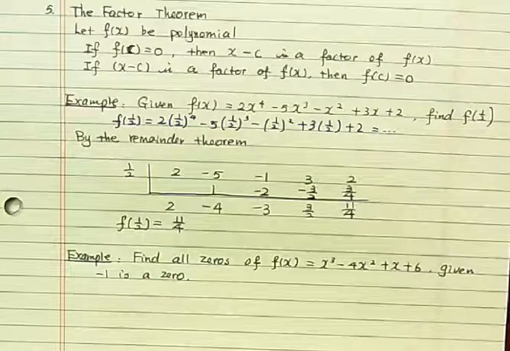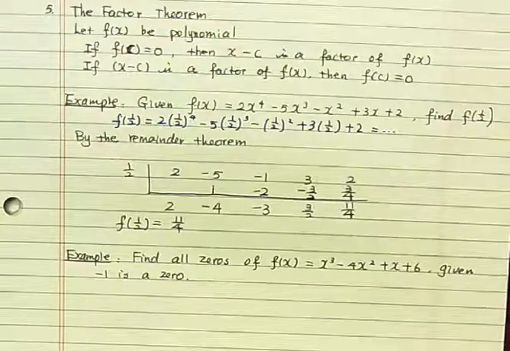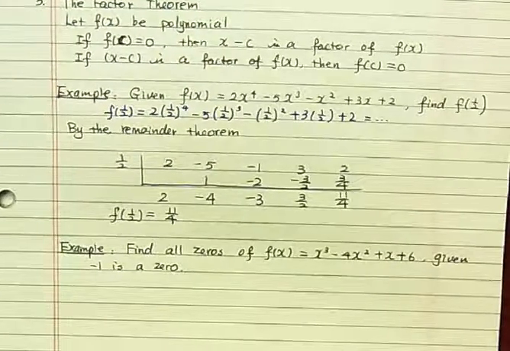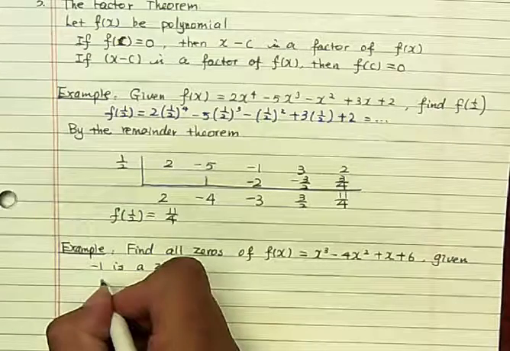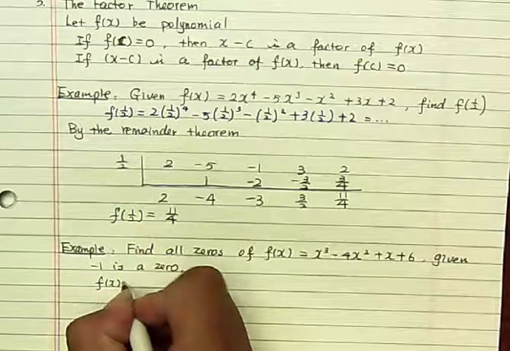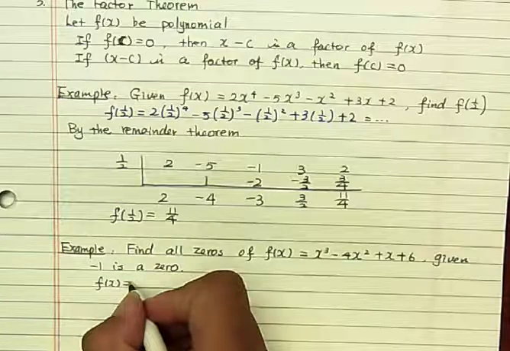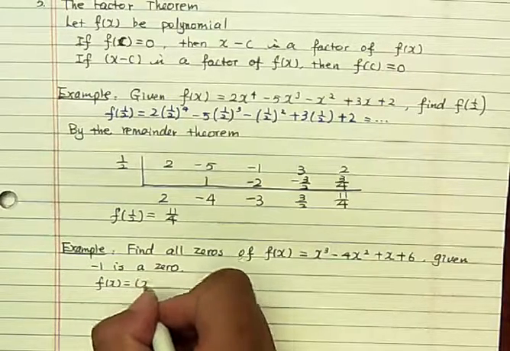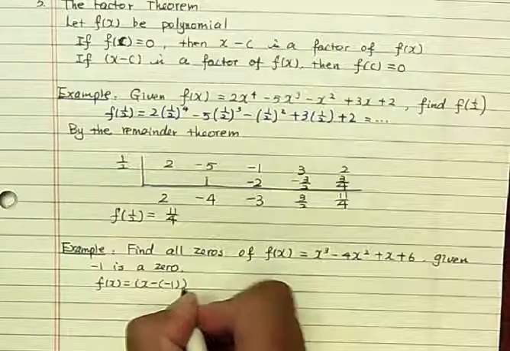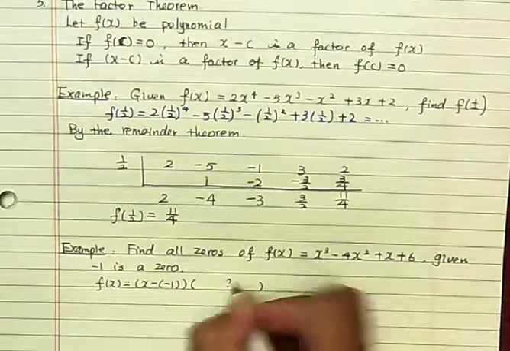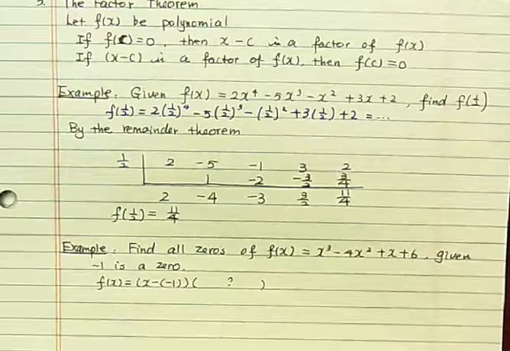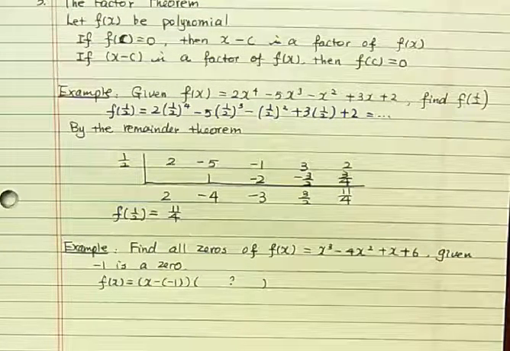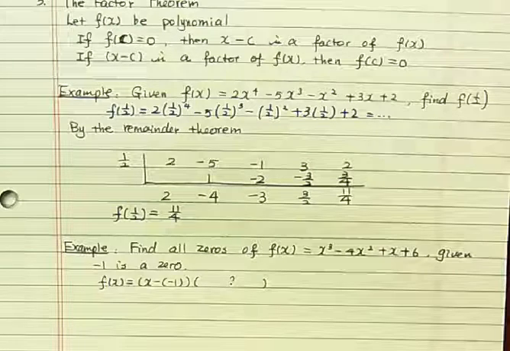What does that mean? By the factor theorem, f of x is equal to x minus -1 times something, which you can factor completely. What's that something? We can use synthetic division to find out.